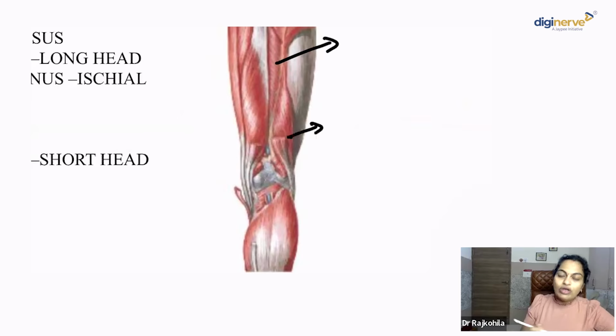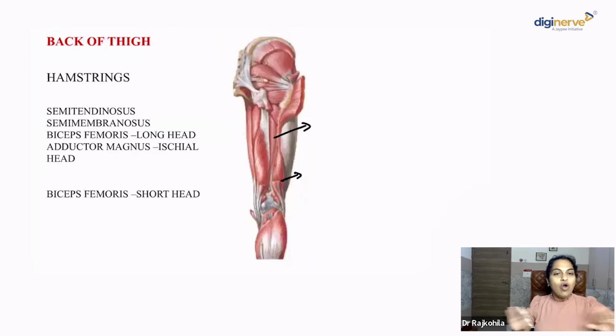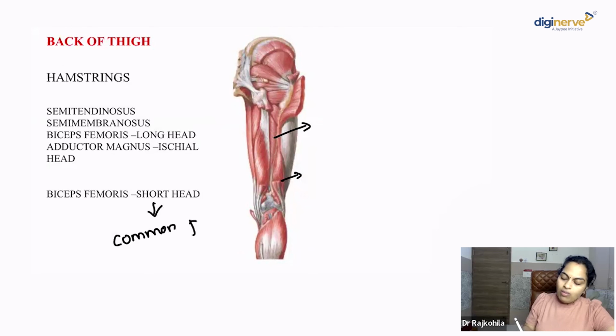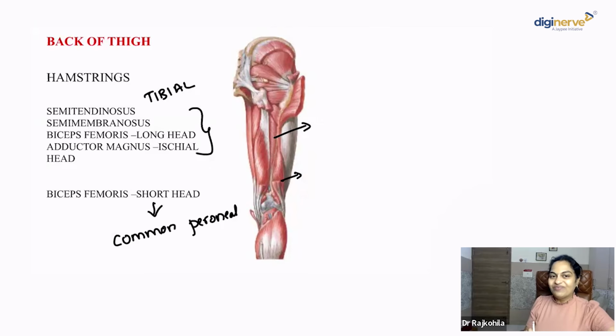And this is the short head of biceps femoris originating from the linea aspera. We are not including it under hamstring. Why? Because it receives innervation from the common peroneal component of the sciatic nerve. All the others are innervated by the tibial component of the sciatic nerve. Fine.